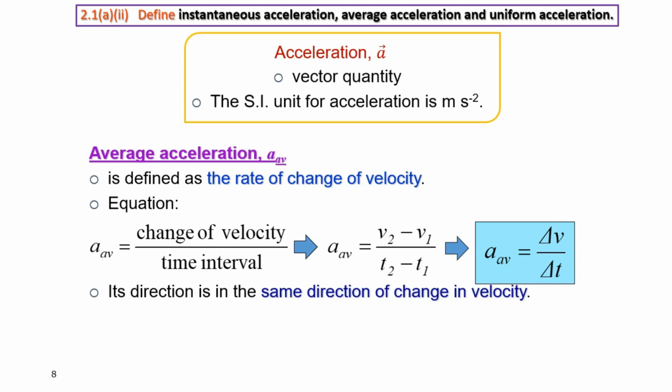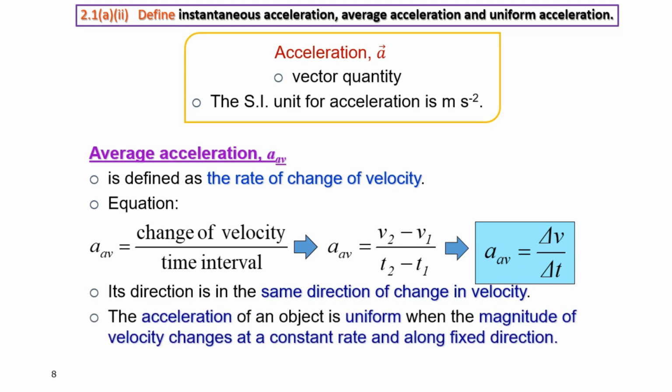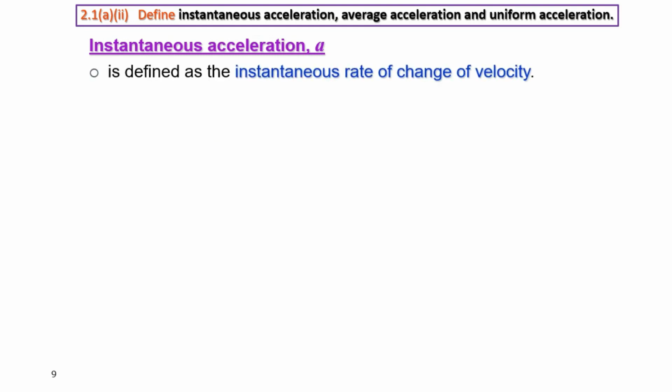The direction of the average acceleration is the same as the direction of the change in velocity. And the acceleration of an object is uniform when the magnitude of the velocity changes at a constant rate and along a fixed direction. We continue with the instantaneous acceleration. Instantaneous acceleration is defined as the instantaneous rate of change of velocity.